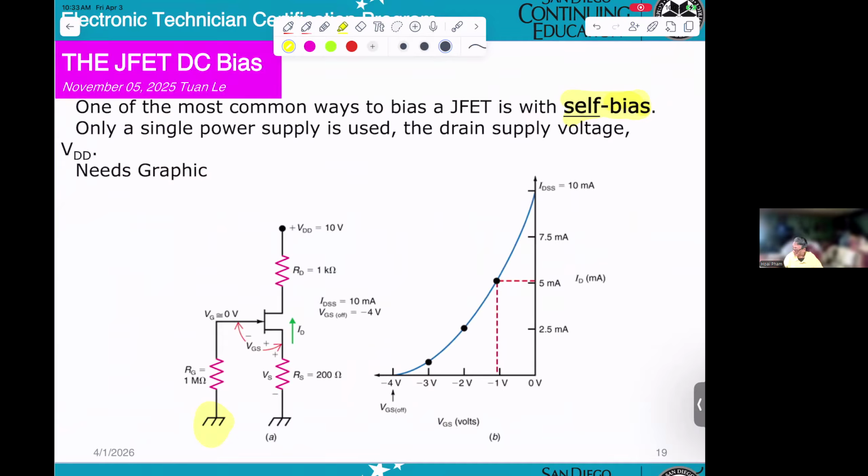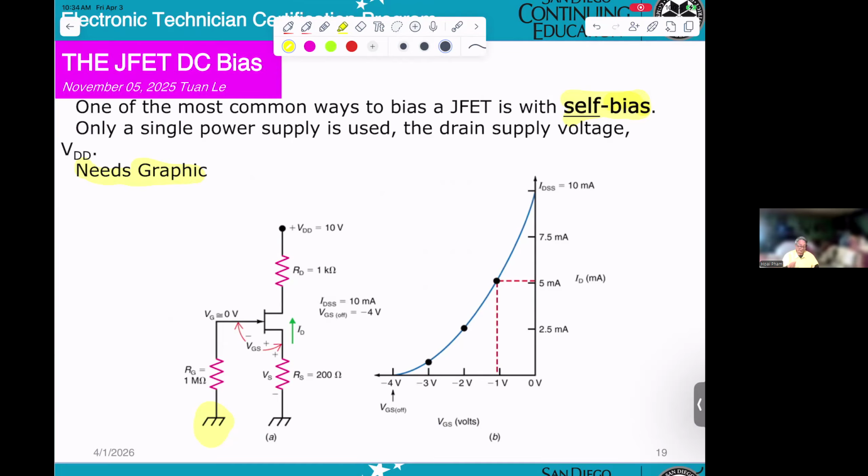For self bias, basically you need the graph. That is normally not applied for technicians.